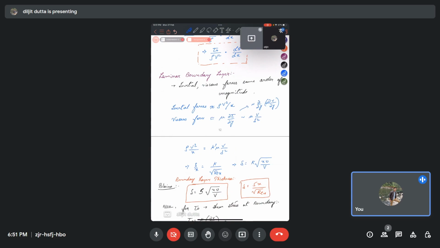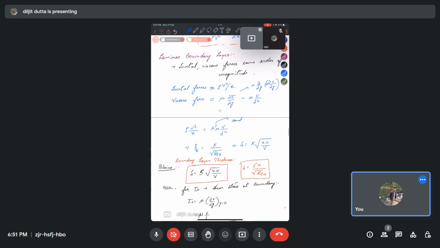If these are of the same order of magnitude, then you can equate them using an arbitrary proportionality constant k dash, and from this we obtain delta by x equal to k by root Re x, or delta equal to k into root of x nu by v.